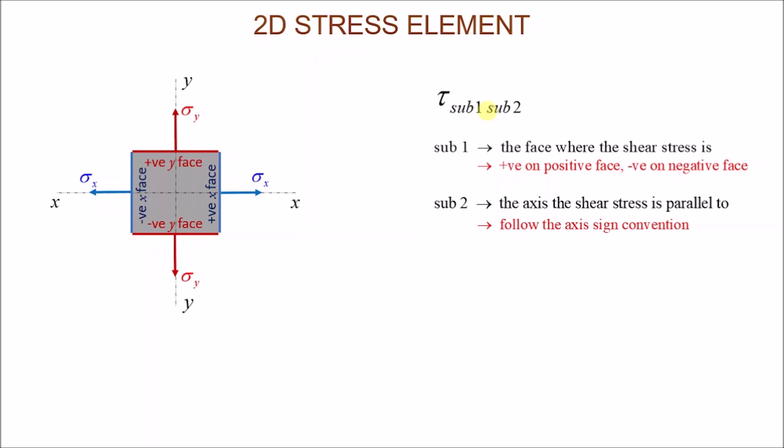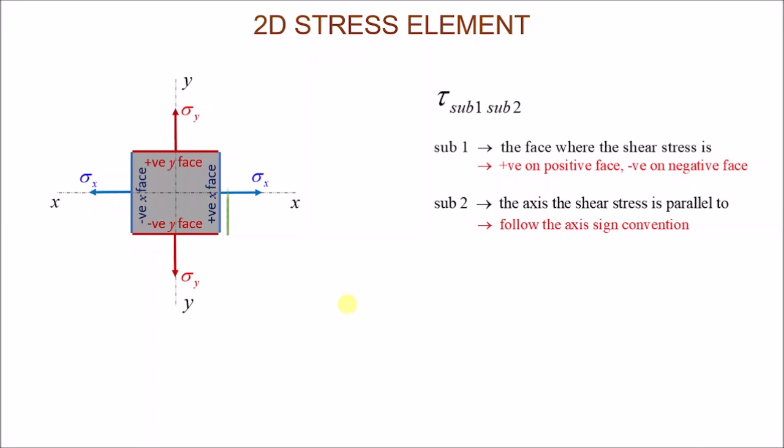Positive and positive gives you positive, positive negative gives you negative, negative positive gives you negative, and negative negative gives you positive. So you will multiply the signs of the subscript, and then you will take what you get as a sign and place it in front of your symbol for the shear stress. That's basically what is done. I am going to illustrate that with an example very soon, just to make that very clear.